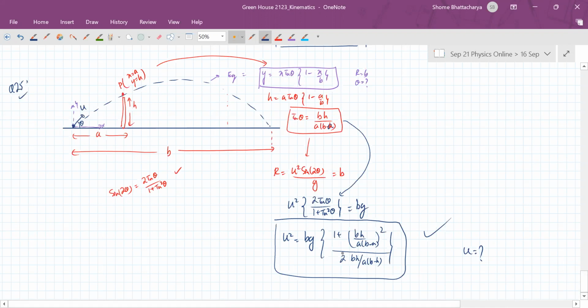Since the doubts are cleared, we'll just do a practice question with projectile on inclined plane also.